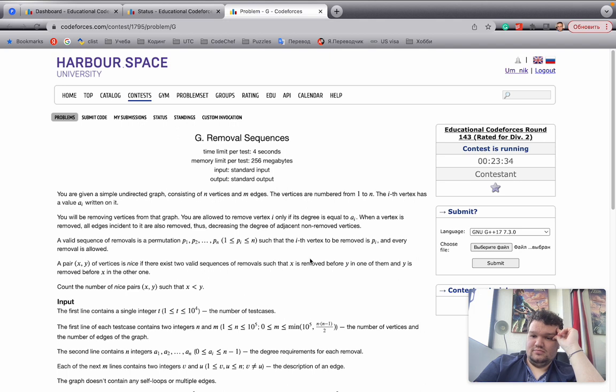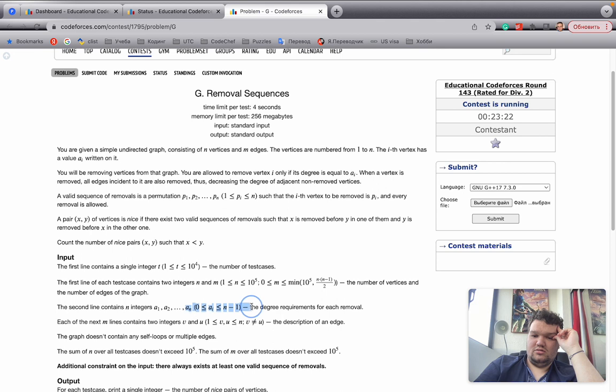Problem G. Simple undirected graph. Vertices have values. Values A_i are non-negative, up to n-1. We'll be removing vertices. We're allowed to remove vertex i only if its degree is equal to A_i, like at the moment, right?